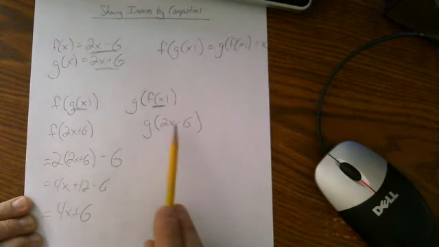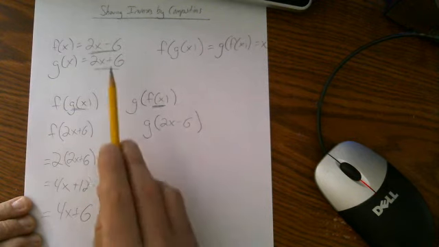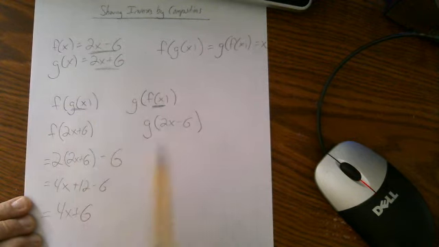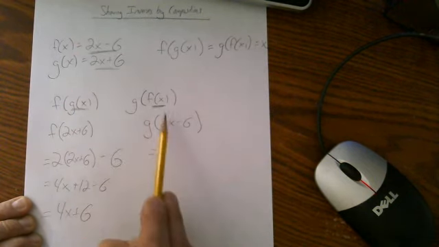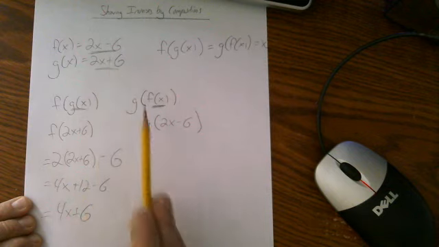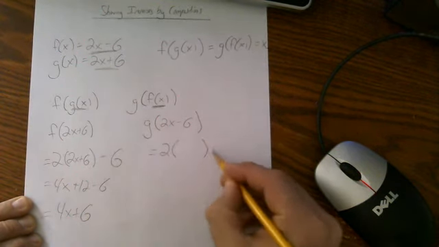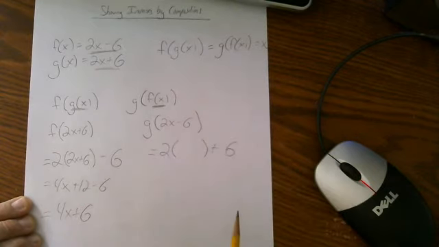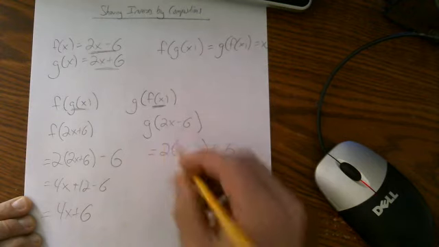So this is telling us to plug 2x minus 6 into g for x. So here's the rule for g, 2x plus 6. So we're going to set up the rule for g with an open set of parentheses instead of x. So 2x minus 6 is being plugged into that. 2x plus 6 is g, and what we're substituting for x in this case is 2x minus 6.